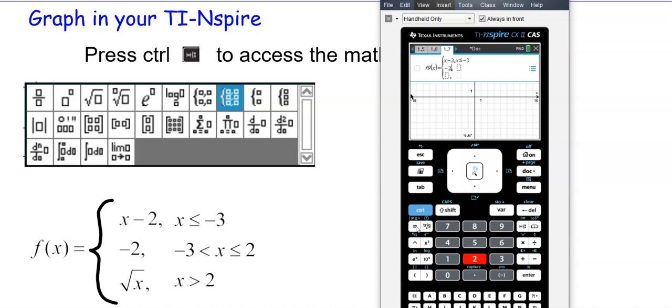Cursor down, that'd be -2 for that function, and -3 less than x less than or equal to 2, using control equals again, and square root of x, then x greater than 2.